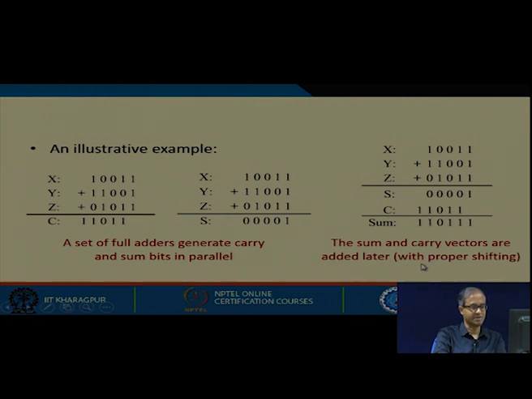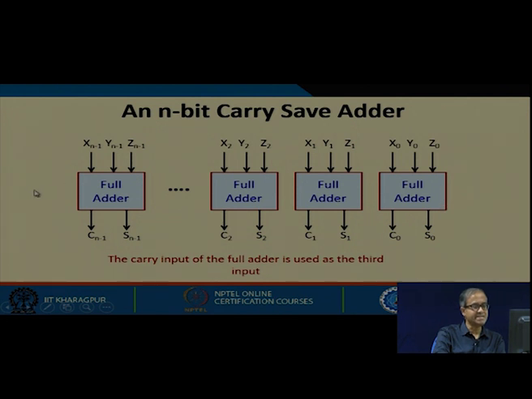So a carry save adder technically is just a set of independent full adders without any interconnection. Because there are 3 inputs A, B and a carry in, a full adder is able to add 3 numbers x, y, z and generate sum and carry as the outputs.